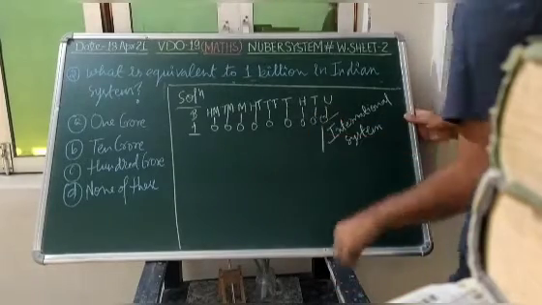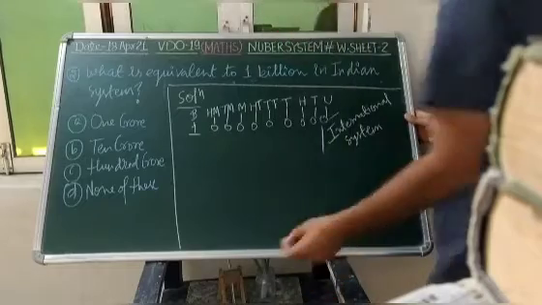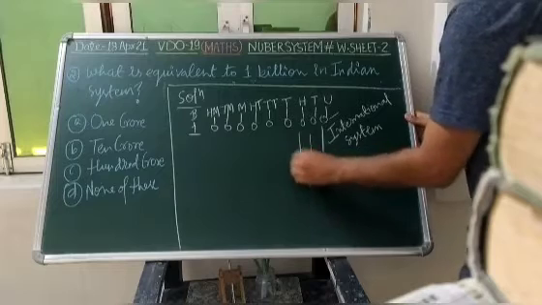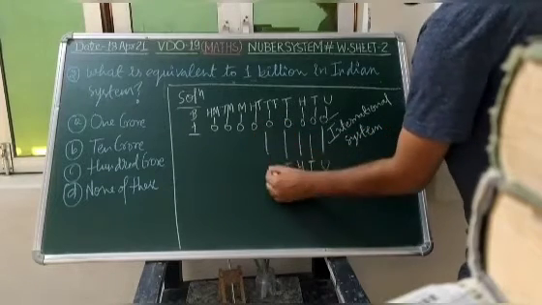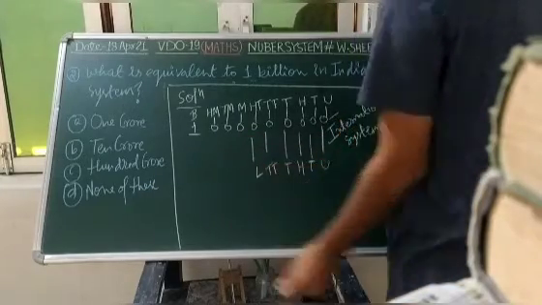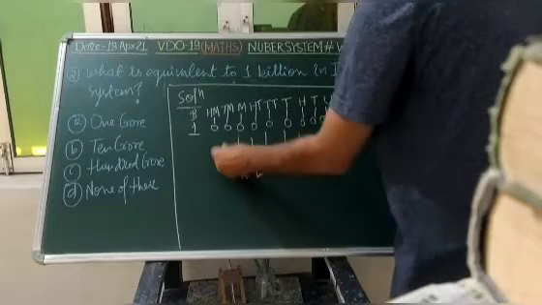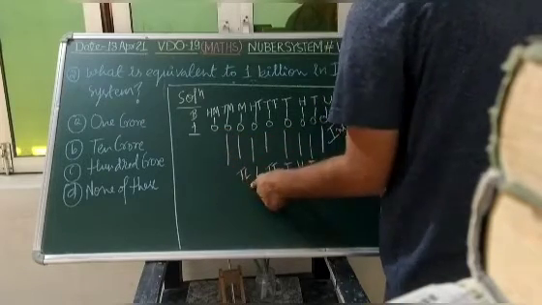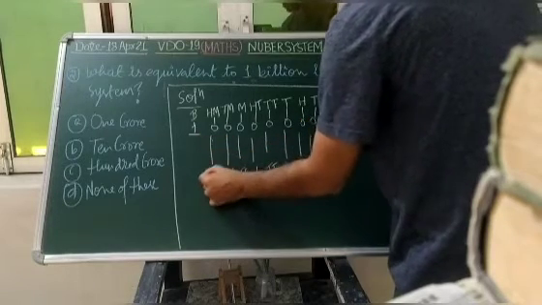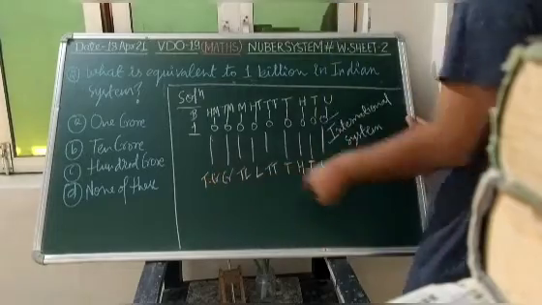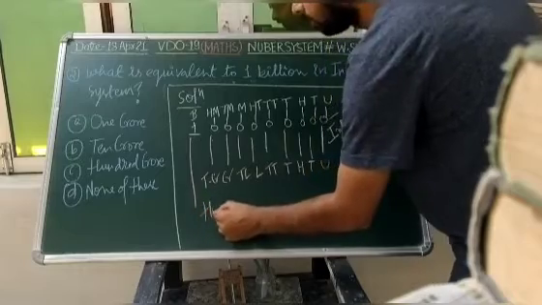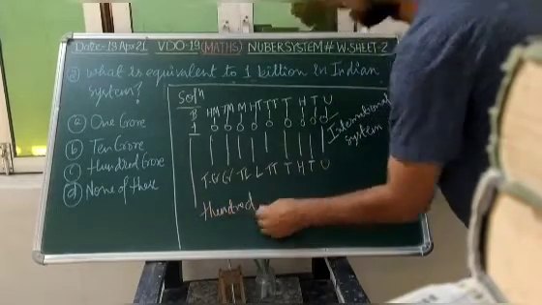So read that in the Indian system: unit, 10, 100, 1000, 10,000. After 10,000, lakh will come, then 10 lakh. After that, crore will come, then 10 crore. And 1 billion, sorry, is 100 crore.